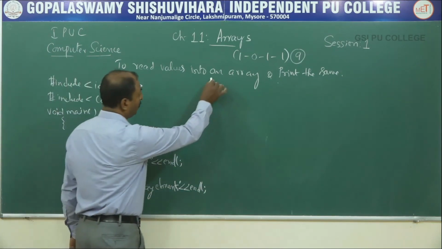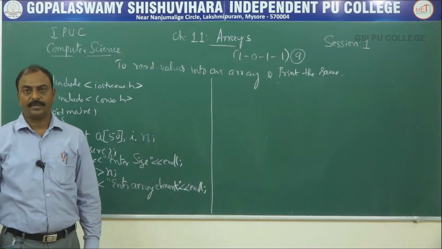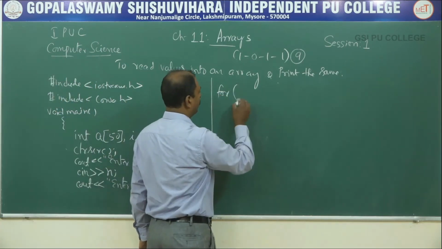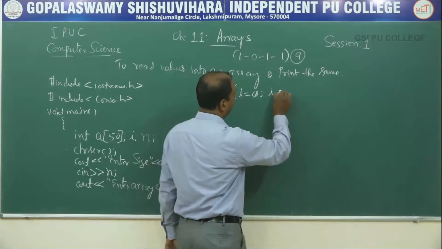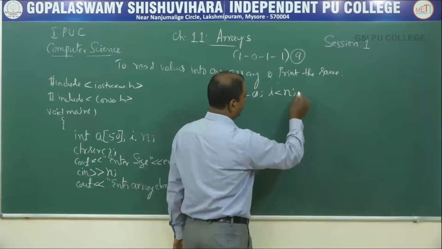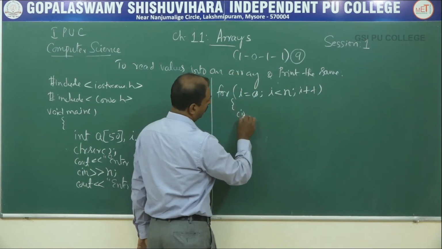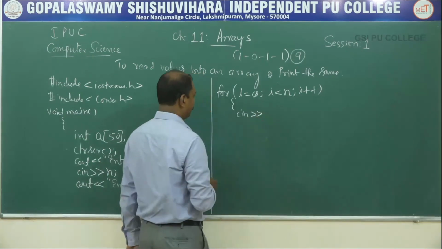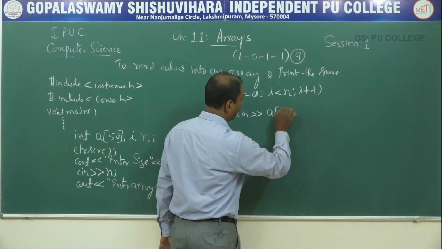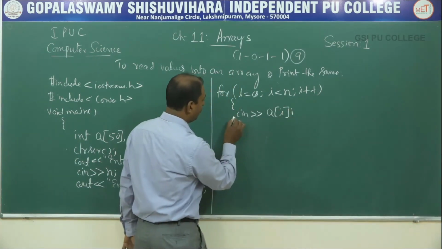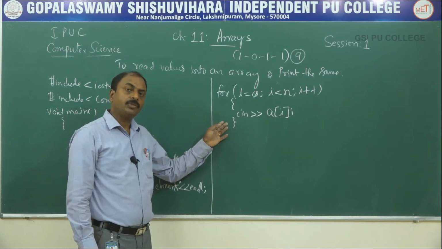Now we have to make use of a for loop to read the elements. for i equals 0; i less than n, the size; i plus plus, here cin >> a[i]; close this. This is the program statement to read the values into an array.